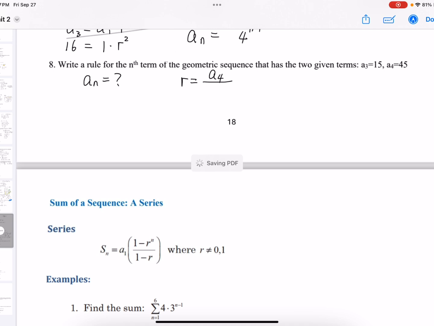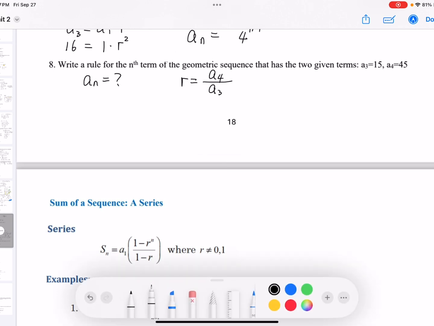So we just do the division between 45 and 15. It is 3, so I found the r. A sub n is equal to a sub 3 multiplied by r to the n minus 3. So a sub n is equal to 15 times r to the n minus 3. Okay, r has been found. So r is 3.